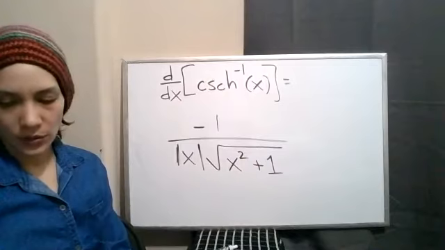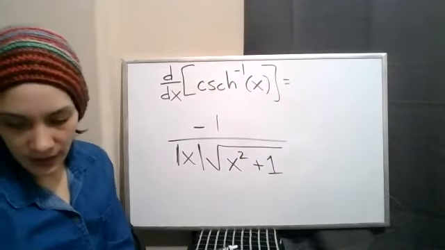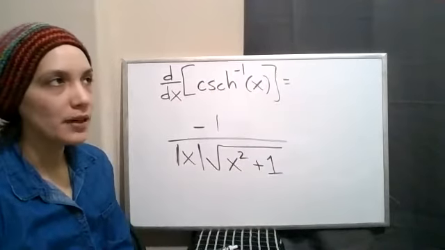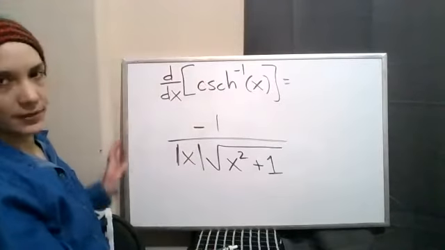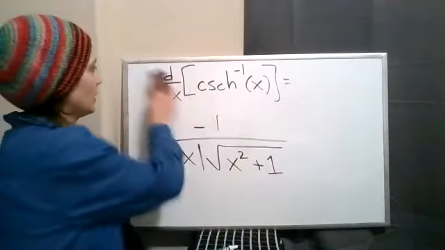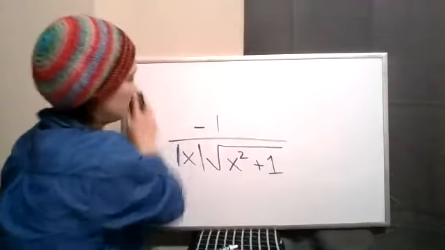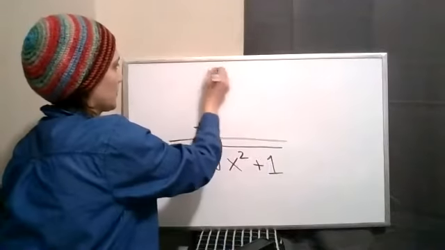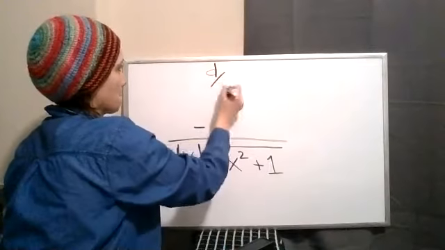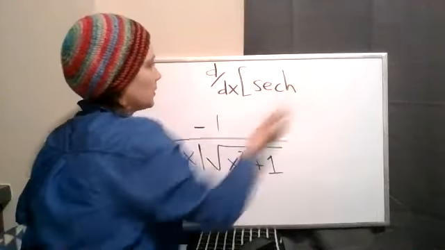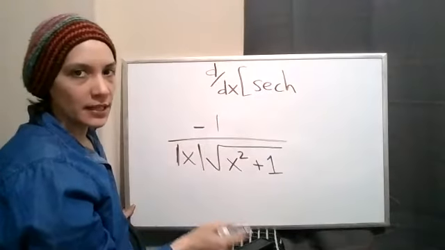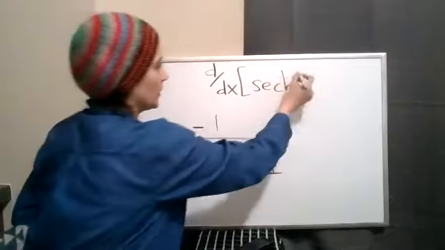We're going on to the derivative of the inverse of hyperbolic secant, spelled sech, and then we're doing the inverse of that function.